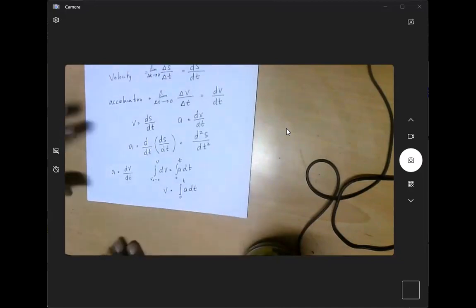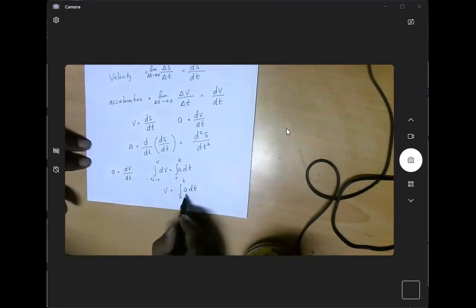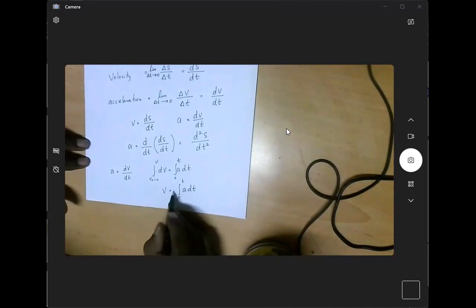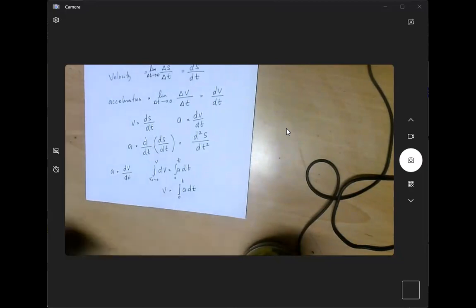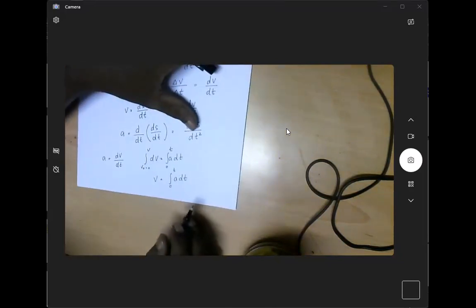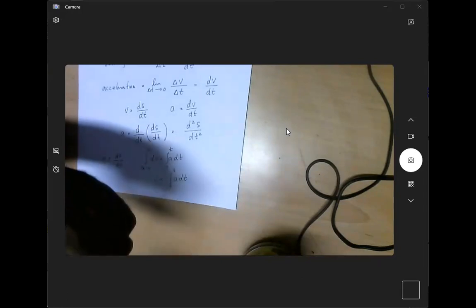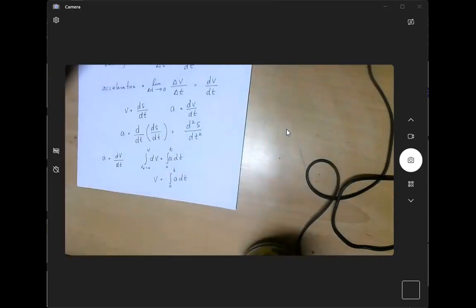And remember, in general case, this is not a constant, right? So you cannot take a out from the equation, right? It will depend in most cases on the time as well as the coordinates, right? Any question?